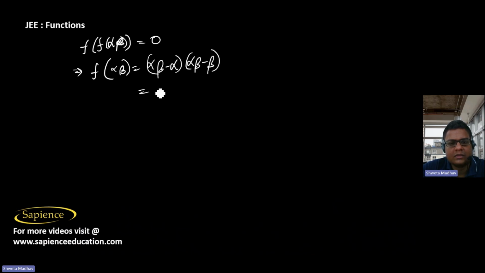So this will be alpha into beta minus 1 into, from here beta I can take as common, alpha minus 1.